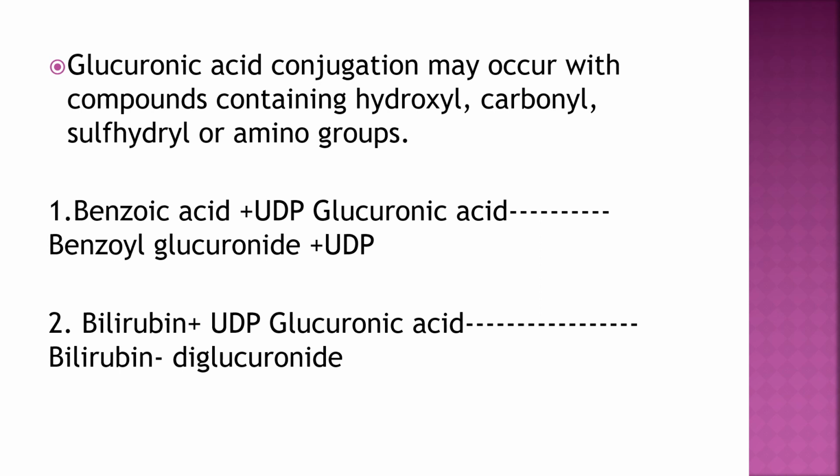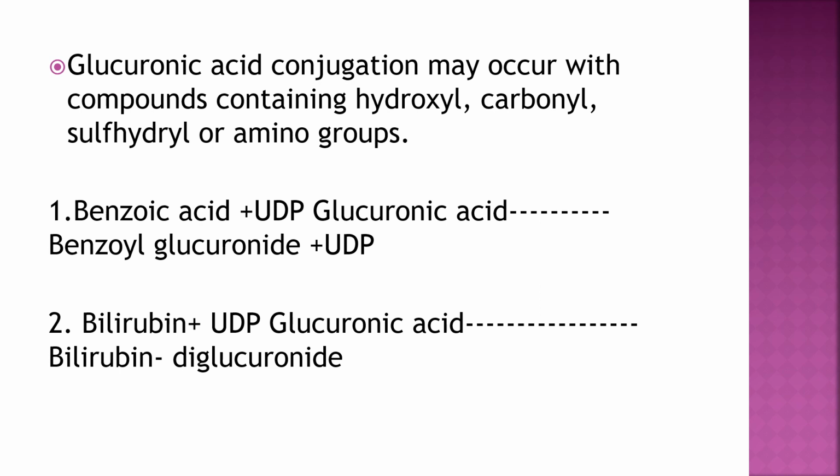Glucuronic acid conjugation may occur with compounds containing hydroxyl group, carbonyl group, sulfhydryl group or amino group. Here the example for conjugation, benzoic acid conjugates with UDP glucuronic acid and is converted to benzoyl glucuronide plus UDP.